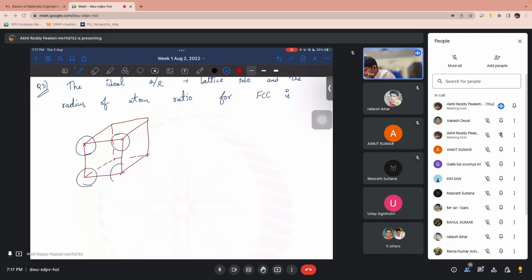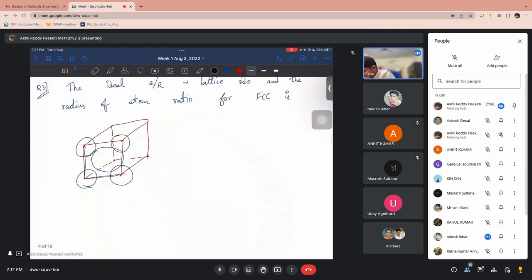Why 1 by 2 root 2? So A square plus A square, yeah. You are looking at the diagonal of a single face.